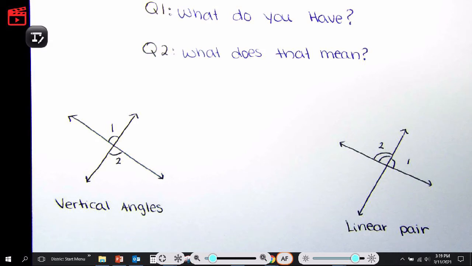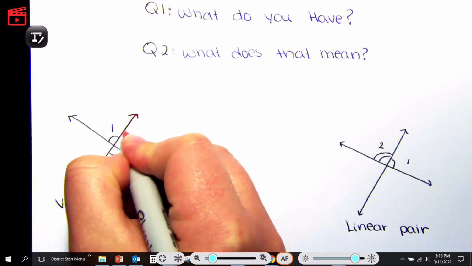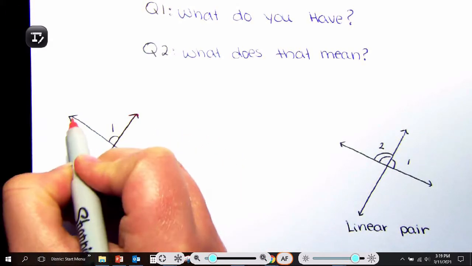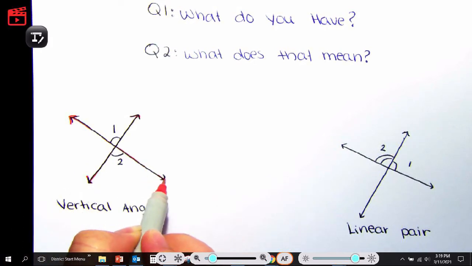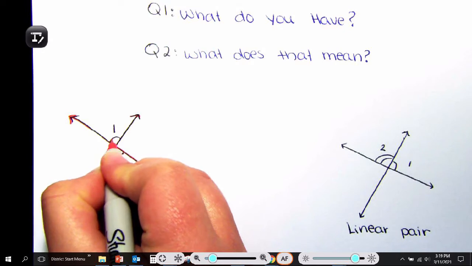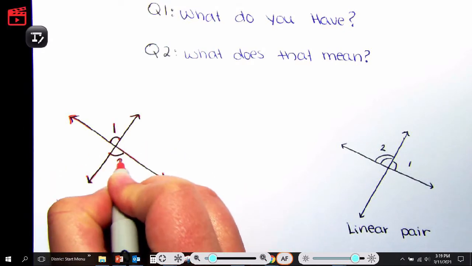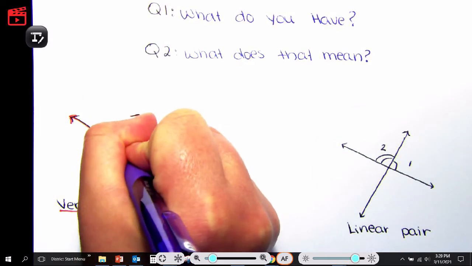Now, vertical angles are angles that are formed by an intersection, meaning you have two lines that are intersecting, that cross over. And vertical angles are angles that are opposite each other. So what's really special about vertical angles is that their angle measure is congruent.